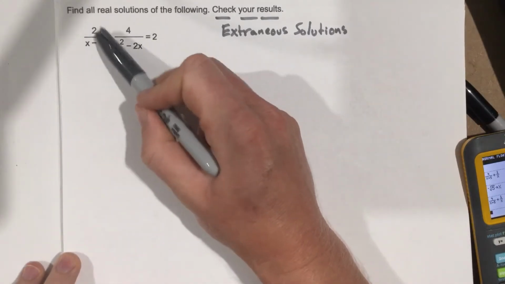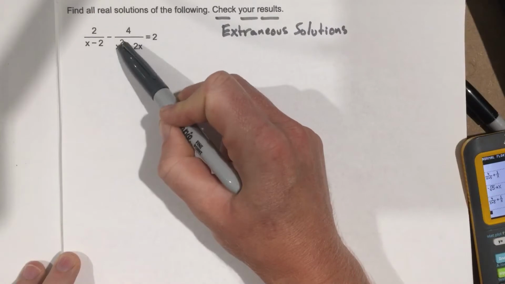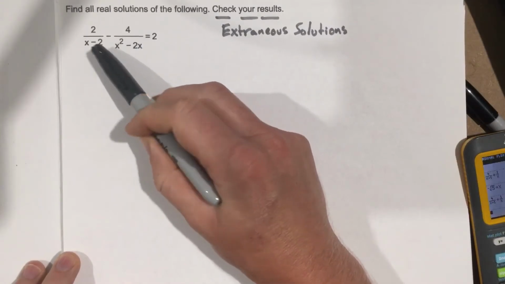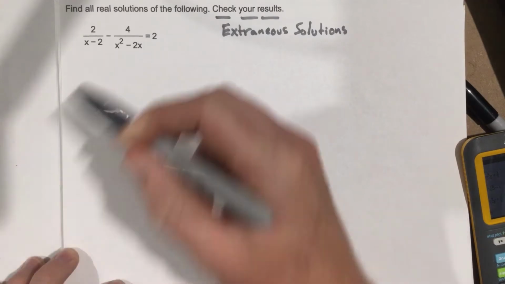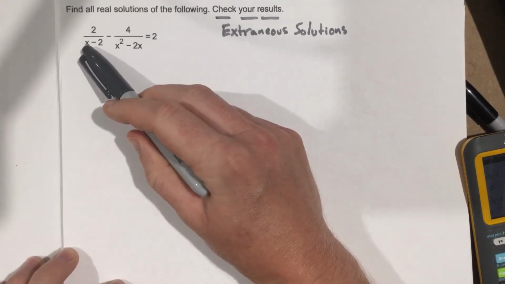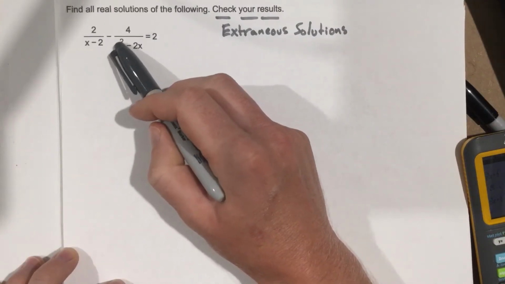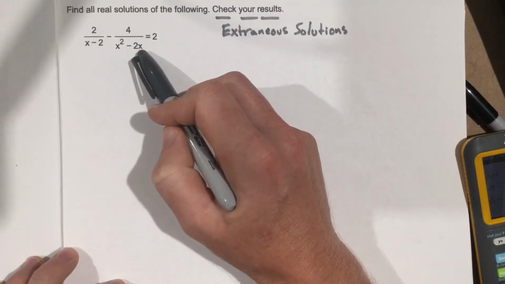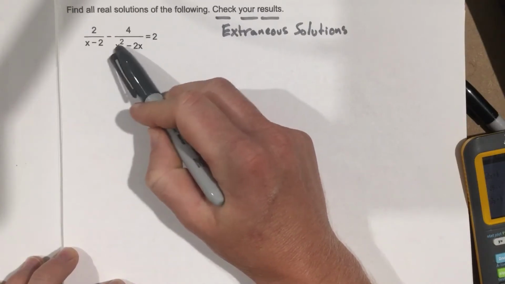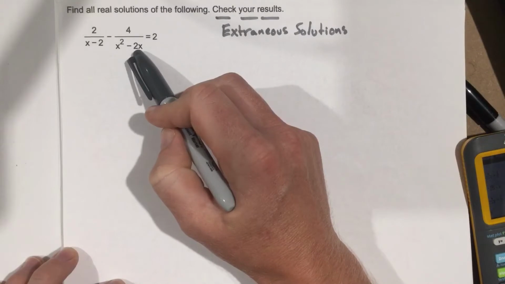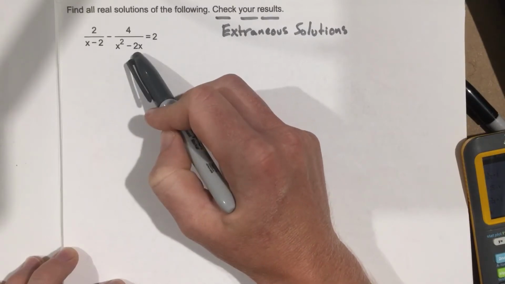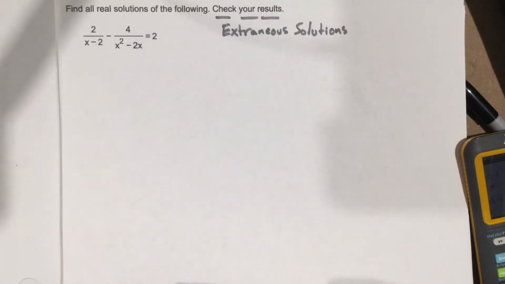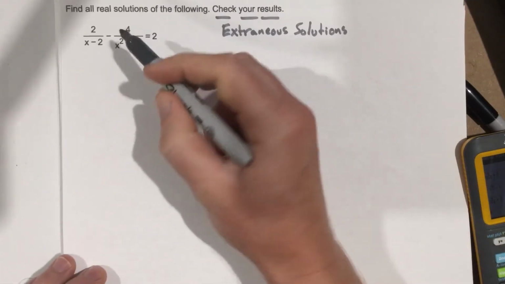You'll notice I have a fraction minus another fraction. Anytime I have this, I want to try and cancel the denominators. Now, you'll notice x minus 2 and then x squared minus 2x. They're similar denominators. If I factor out an x in this denominator, let's start there.